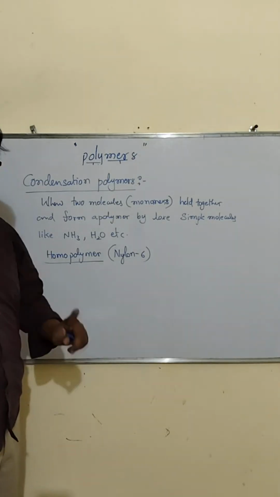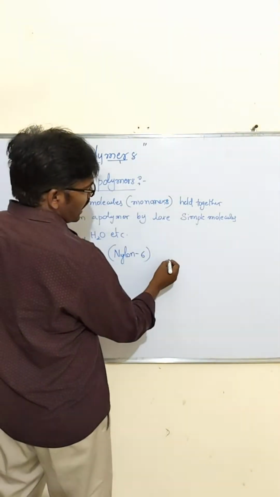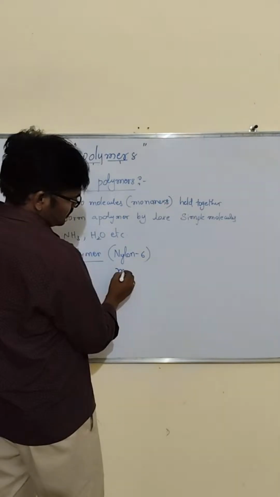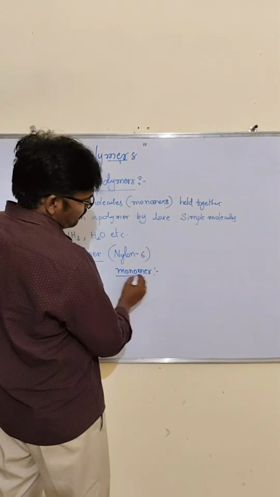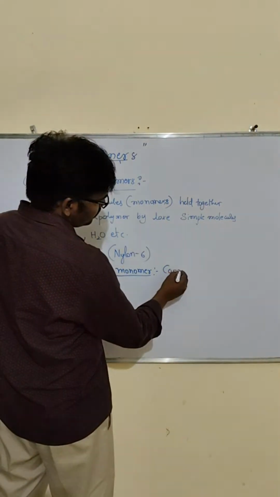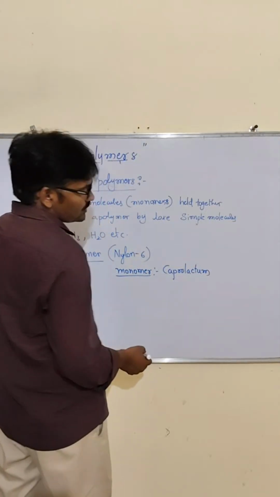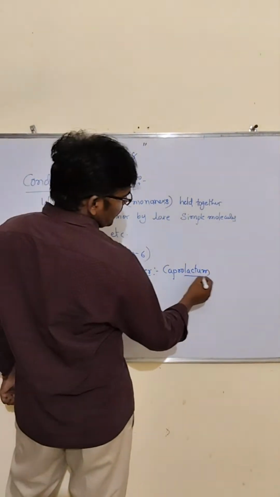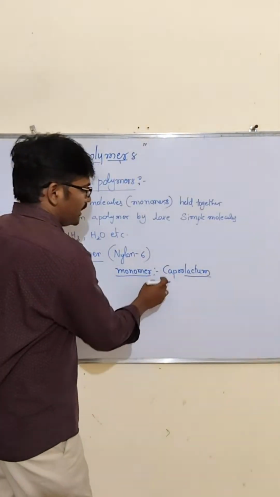సో నైలాన్ 6 కి ఒకే ఒక్క మాలిక్యూల్ ఉంటుంది మోనోమర్, దట్ ఈస్ caprolactam. లాక్టమ్ అంటే సైక్లిక్ అమైడ్, caprolactam, caproic acid, caproic amide.